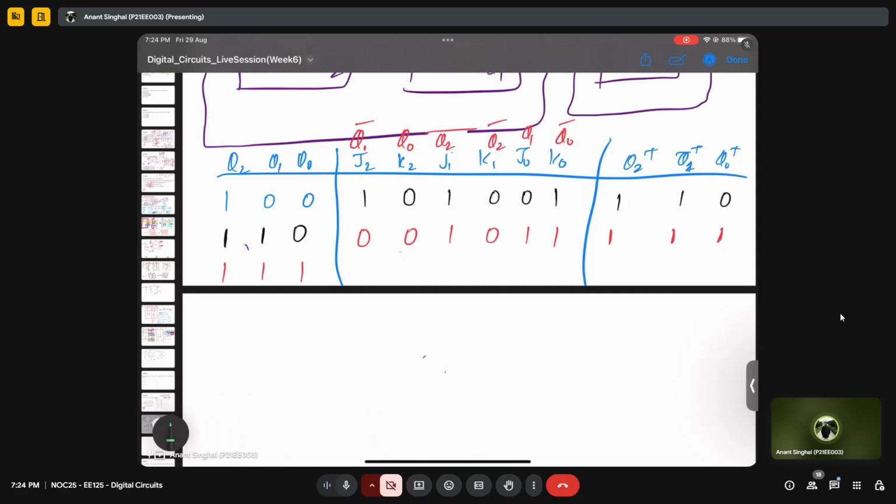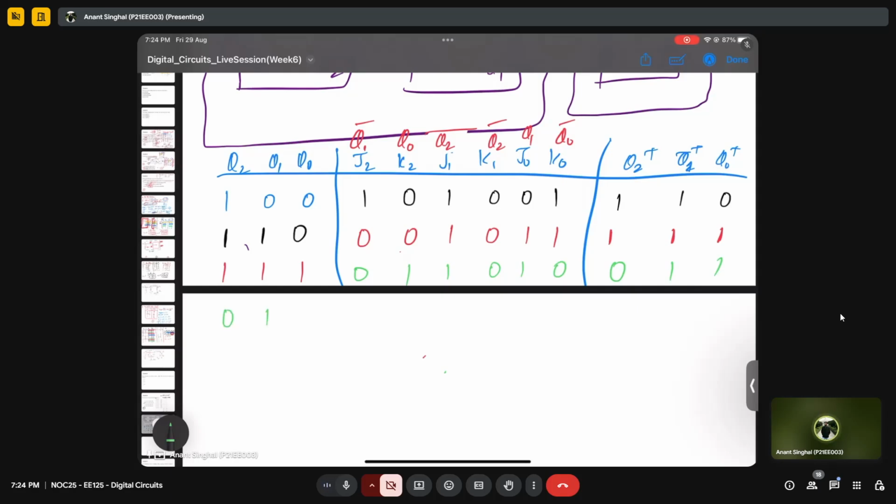Again we can use expressions, so you'll get 0 1 1 0 1 0. At 0 1 it's reset, then 1 0 it's set, and 1 0 it's again set.